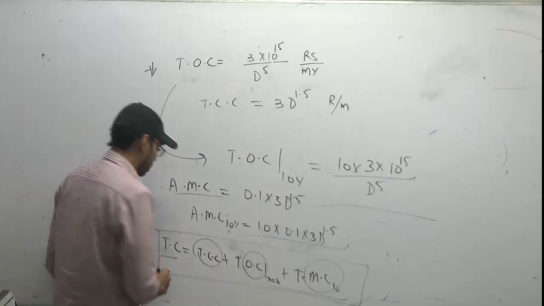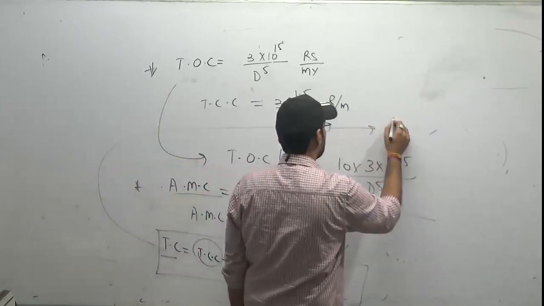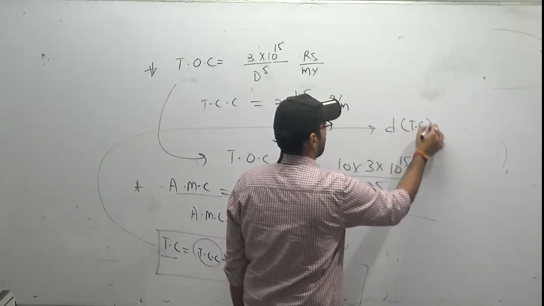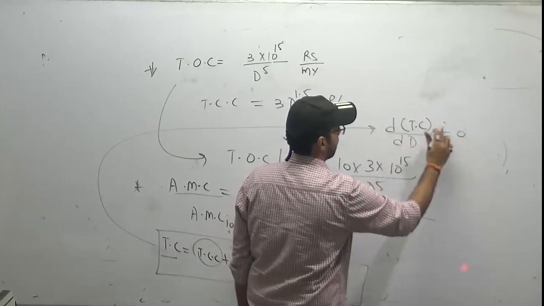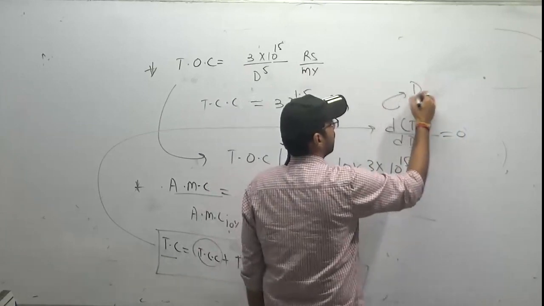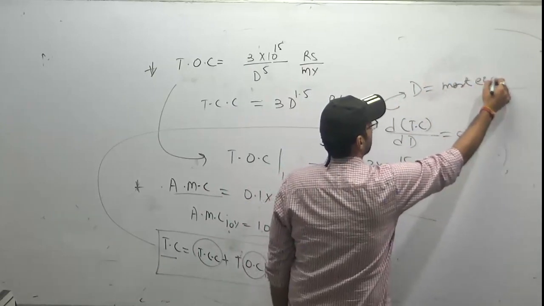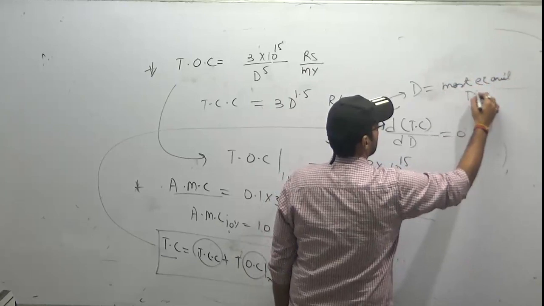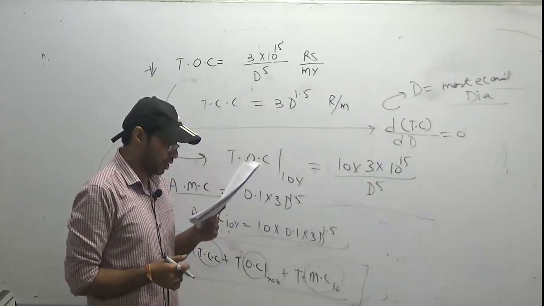So you take the differentiation of total cost with respect to diameter and place this equal to 0 for optimization. You will get the value of D, the most economical diameter.